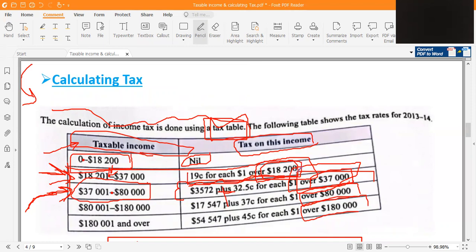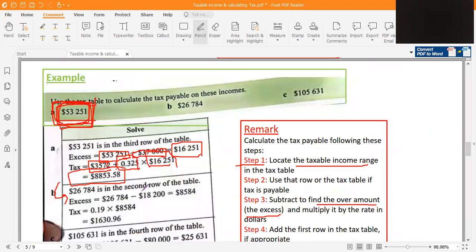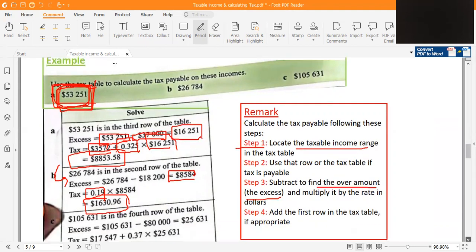So we subtract 18,200 from the taxable income, 26,784, to obtain the excess, and we multiply it by 19 cents, equivalent to $0.19, to obtain the payable tax, equivalent to $1,630.96. So very easy.